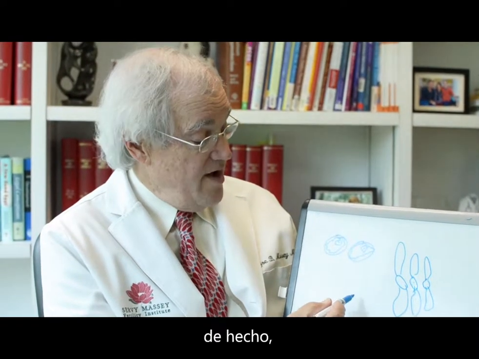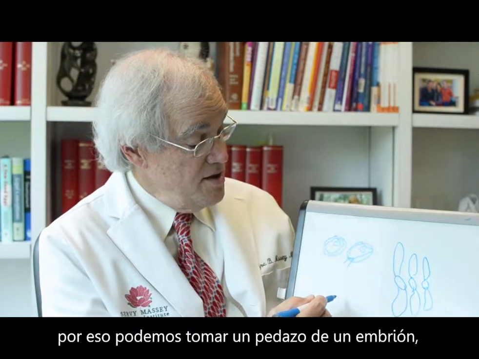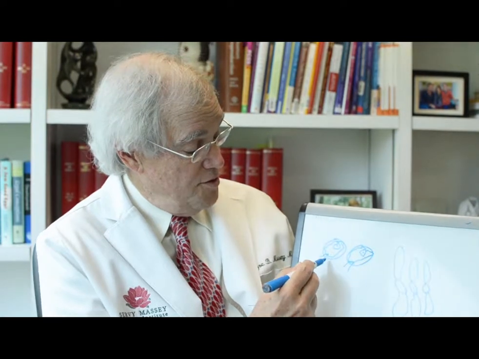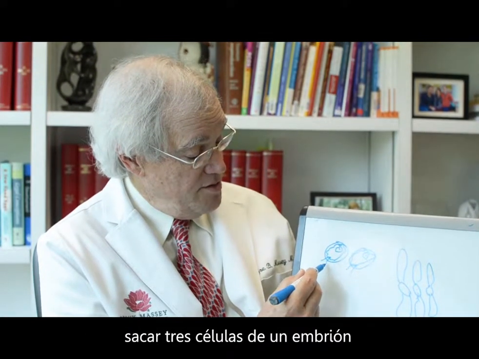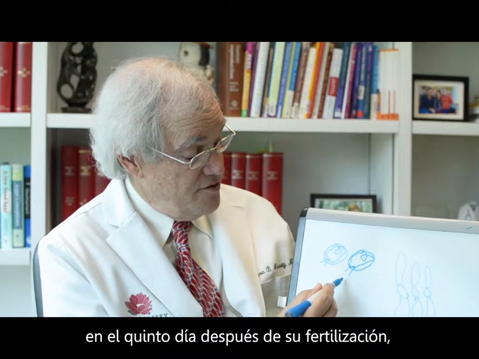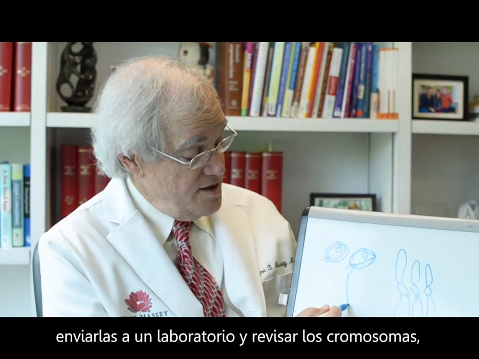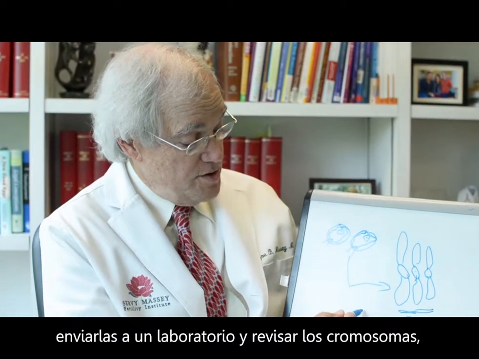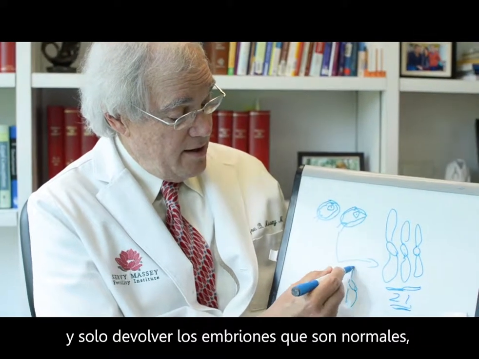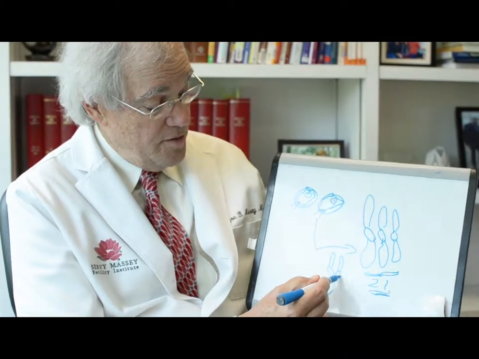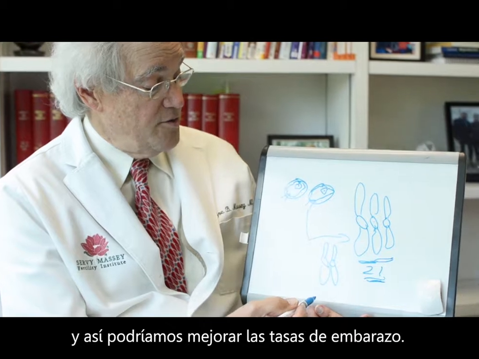So in fact, we can take a piece of an embryo, take 3 cells out of an embryo at the 5th day after it's fertilized, send it off to a lab, and check the chromosomes, and only put back embryos that are normal. And we can improve the pregnancy rates.